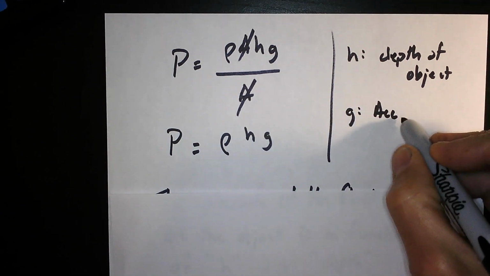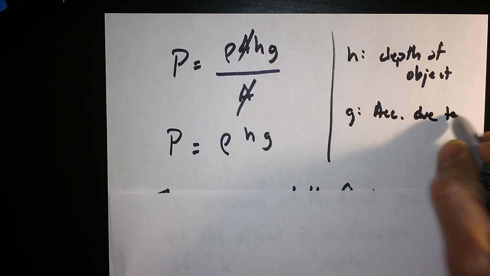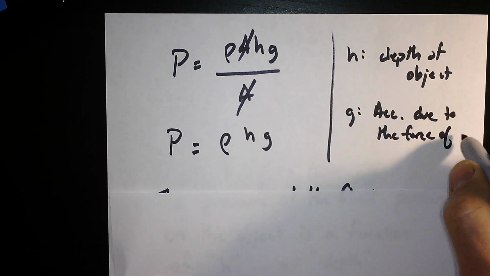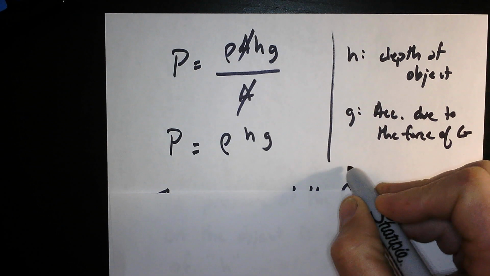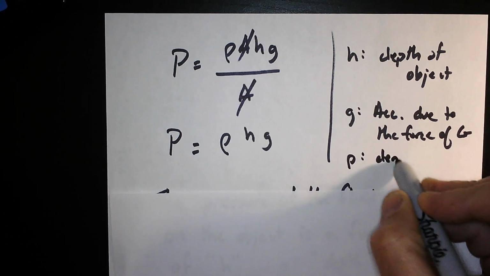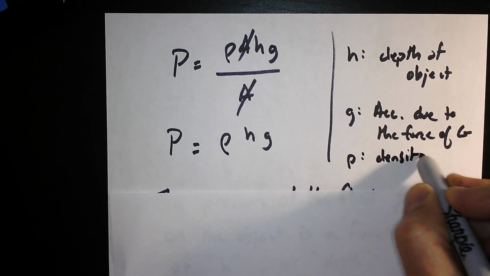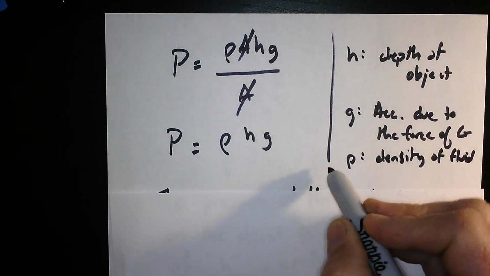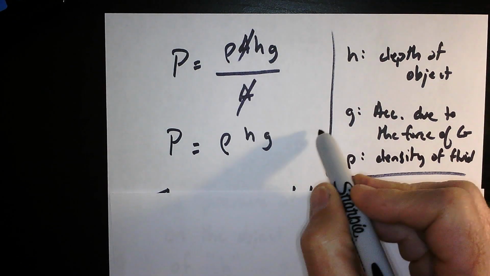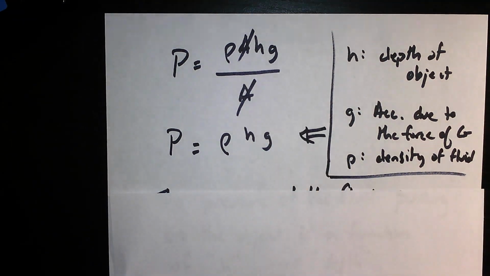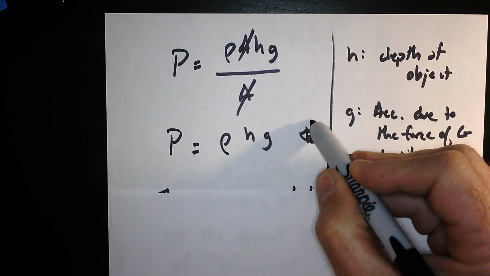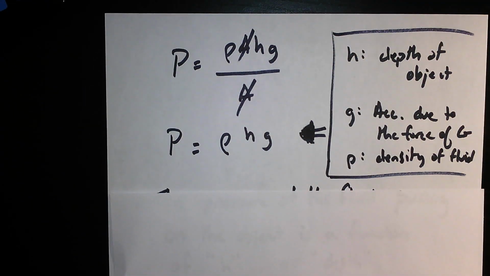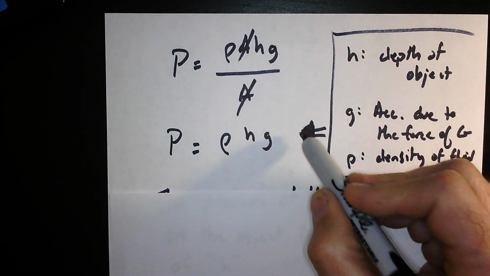We already know this symbol, due to the force of, I'll just put G, and rho is the density of fluid. So if the fluid is more dense, it will be a bigger pressure. If the fluid is less dense, less pressure. Okay, so those are just those parameters defined.